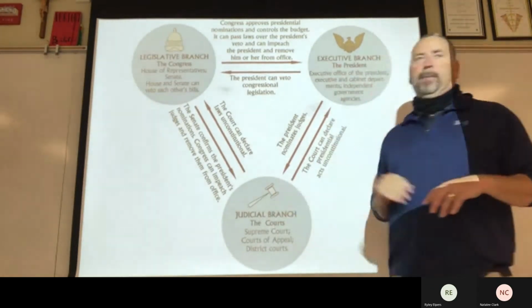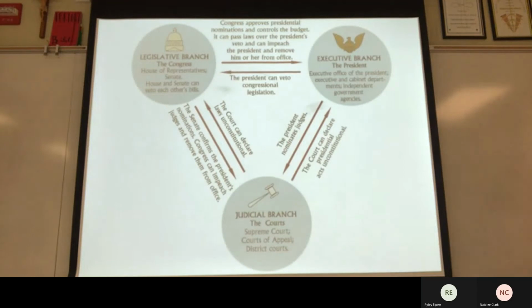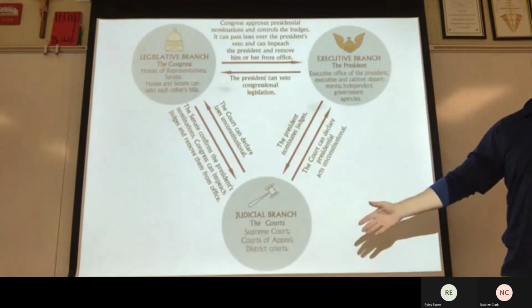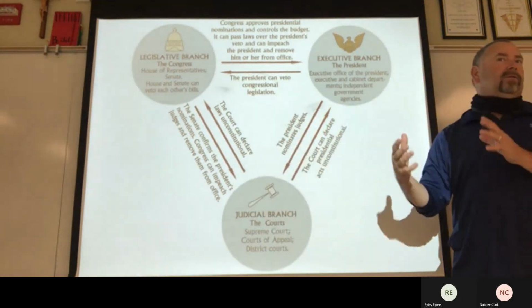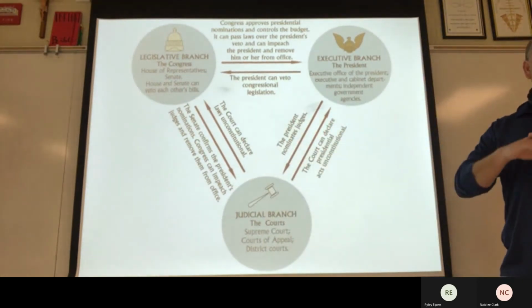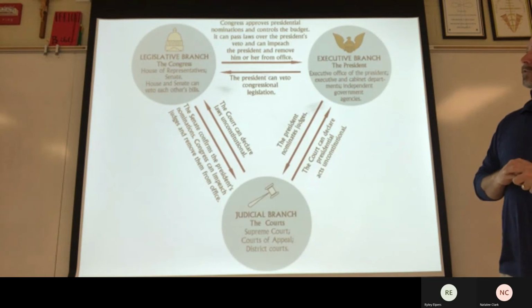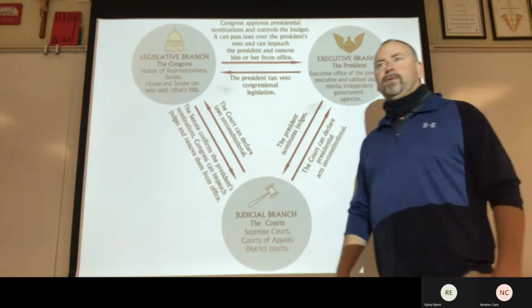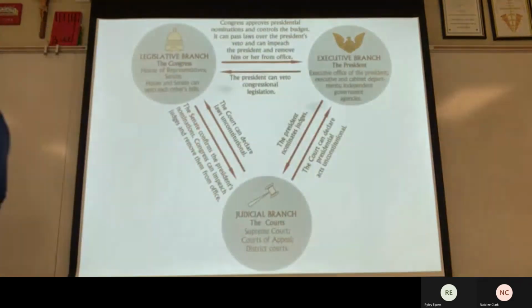And the president gets to nominate judges. But they serve for how long? For life. So the president doesn't have any control over them. The Senate doesn't have any control over them once they take their seat. Okay? They're independent. All right? And so there's your checks and balances, guys. It's pretty simple stuff. All right?